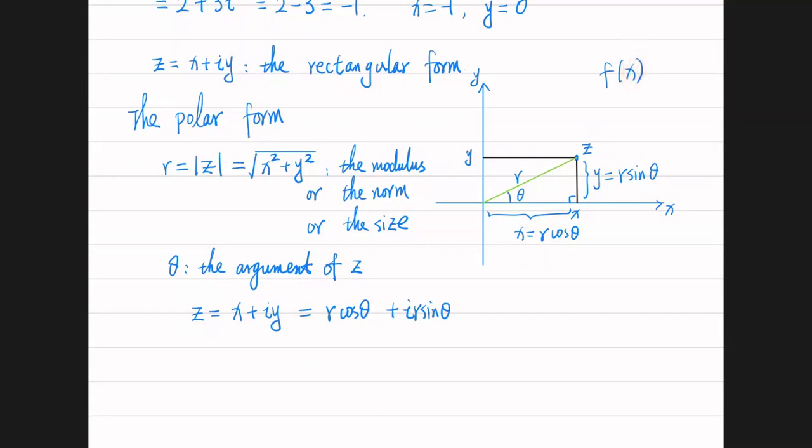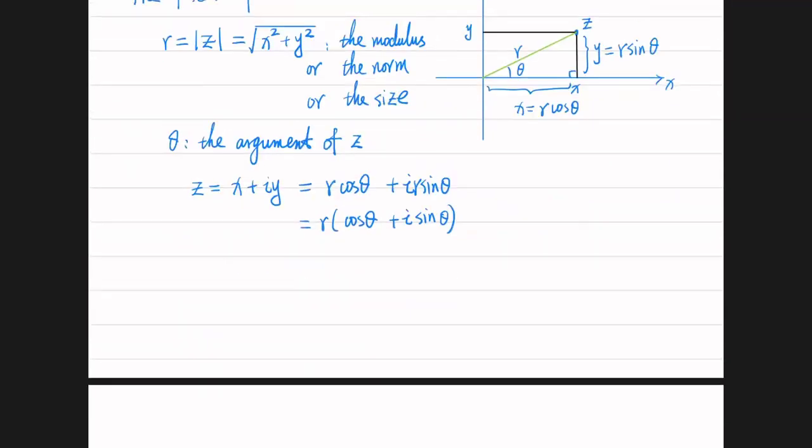But we sometimes also call it the argument. Some quantity changes, called the argument. It's not a good name, but it's what we use. Okay, so r is the common factor we put out: cosine theta plus i sine theta. So this is called the polar form.